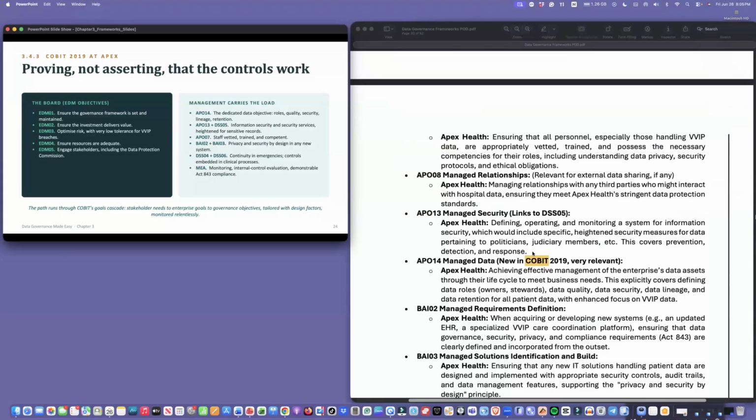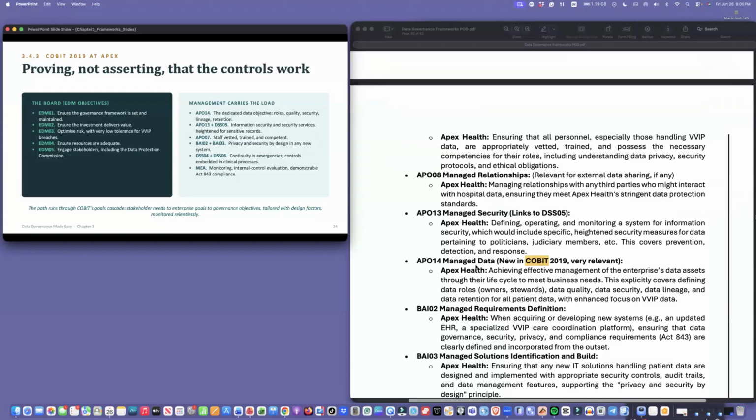Then security: managing security, defining and monitoring a system for information security with specific heightened security measures for data pertaining to politicians and judiciary members, and looking at prevention, detection, and response.